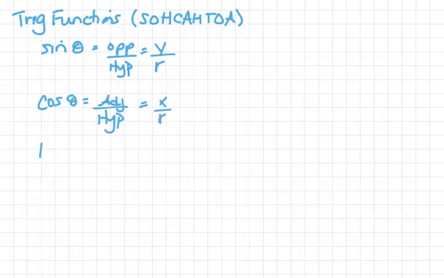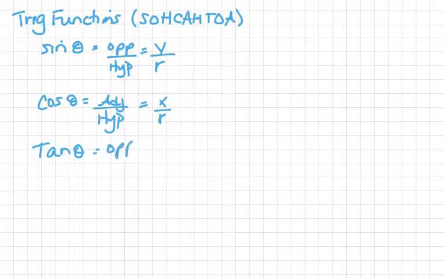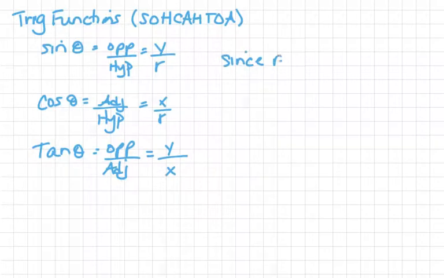And then, of course, tangent of theta is equal to the opposite over the adjacent, which is equal to y over x. And if you notice on the unit circle, since r is equal to 1, the x and y coordinate is simply cosine theta, comma sine theta.